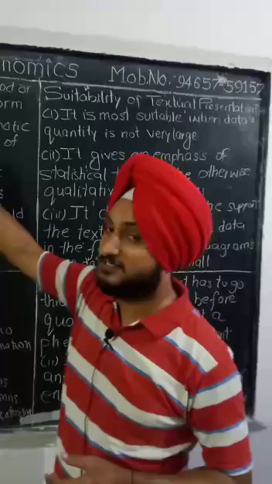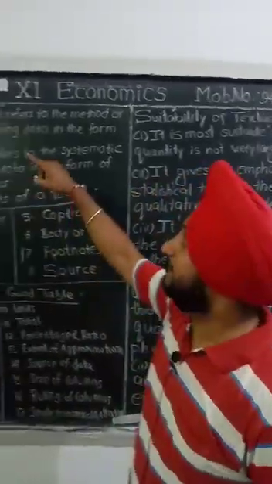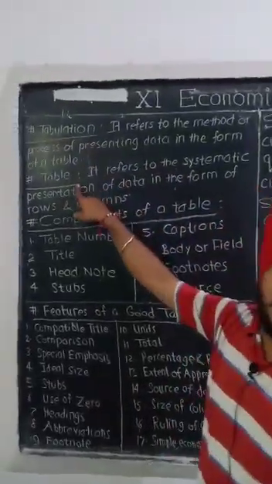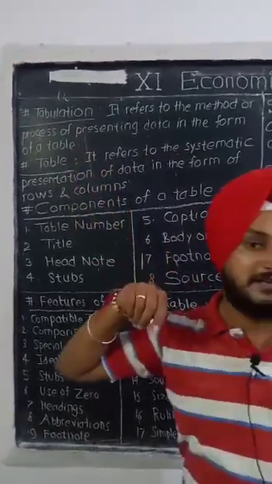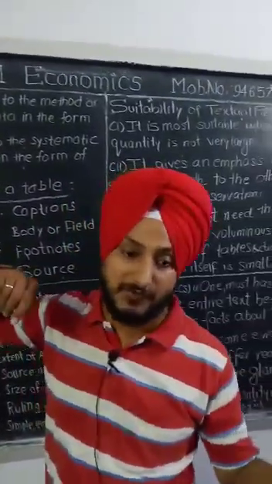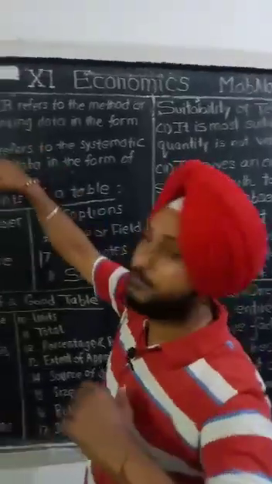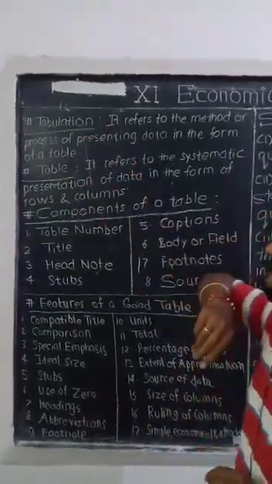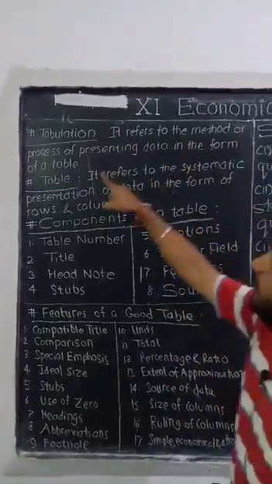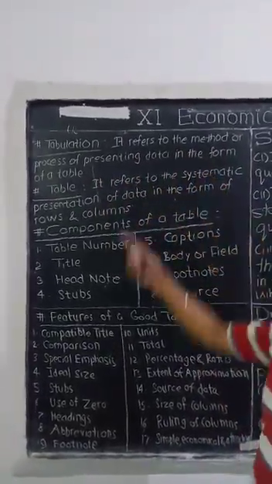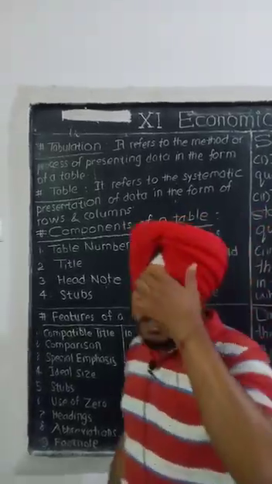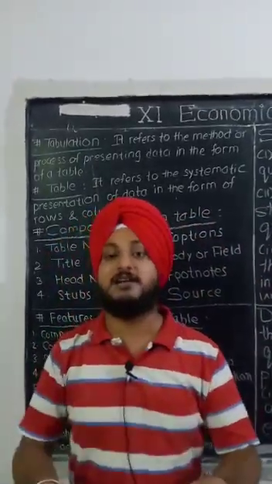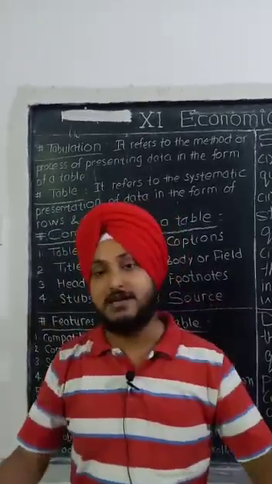Now moving towards the next part, we have tabulation and table. With that, students, the drawbacks and our textual presentation are over. Now we are moving towards tabular presentation, the meaning of tabulation and table. First of all, what is tabulation? It refers to the method or process of presenting the data in the form of a table. So whensoever we are presenting the data in the form of a table, that is tabulation.